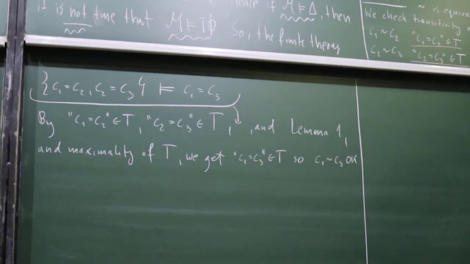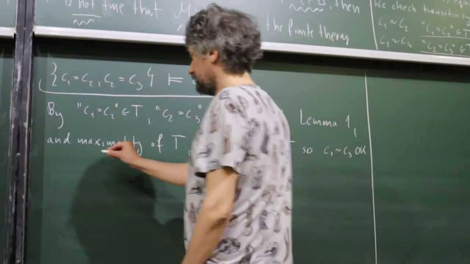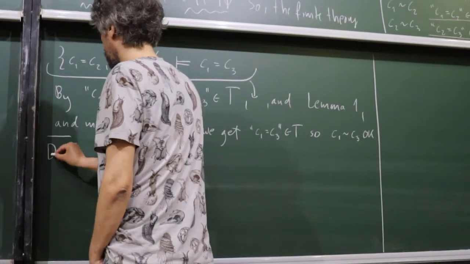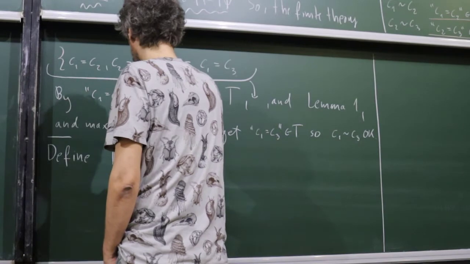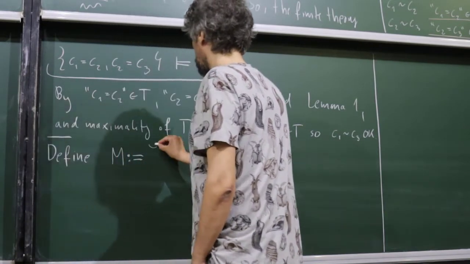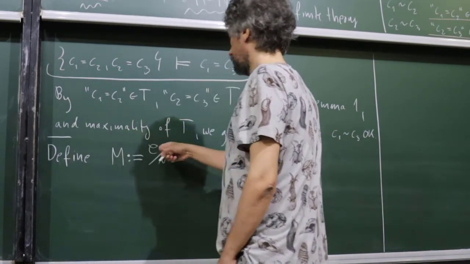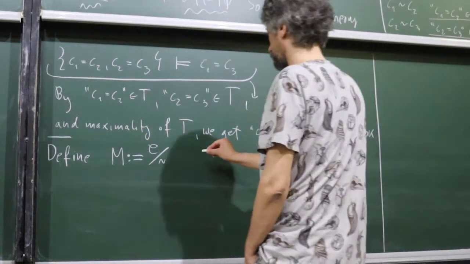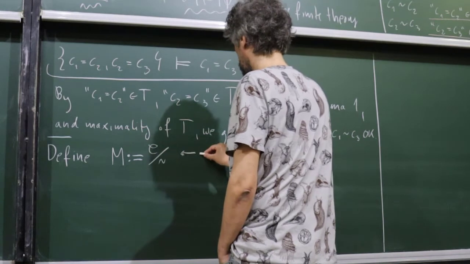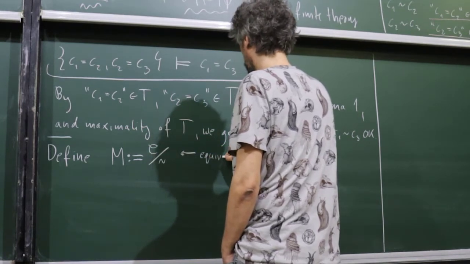So now we define the universe of our model. It will be the set of the constant symbols divided by this equivalence relation, so the set of equivalence classes.